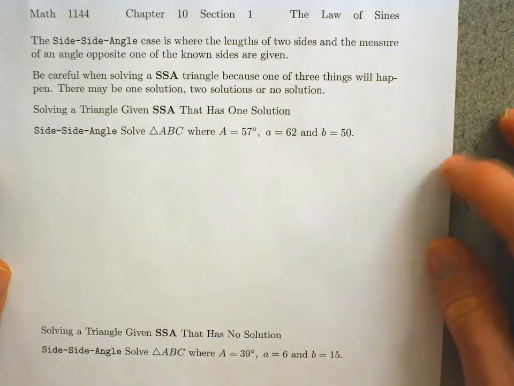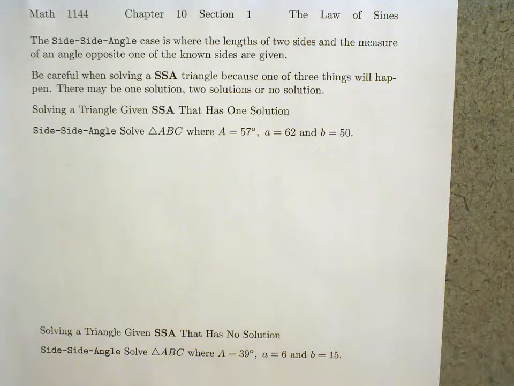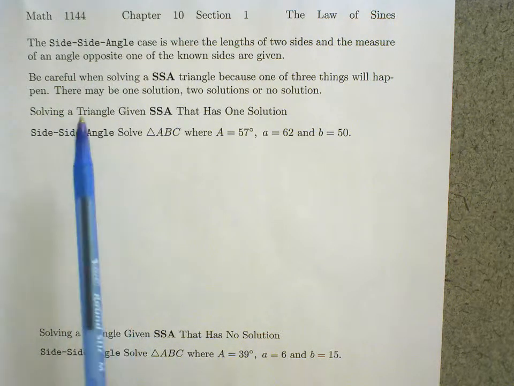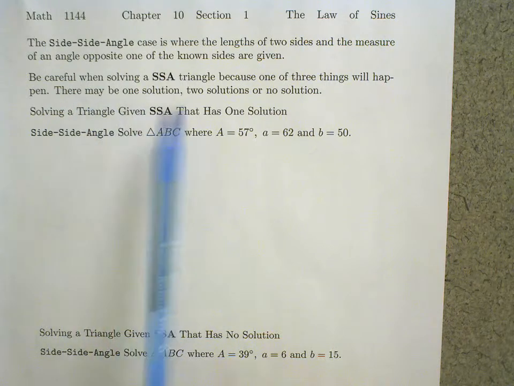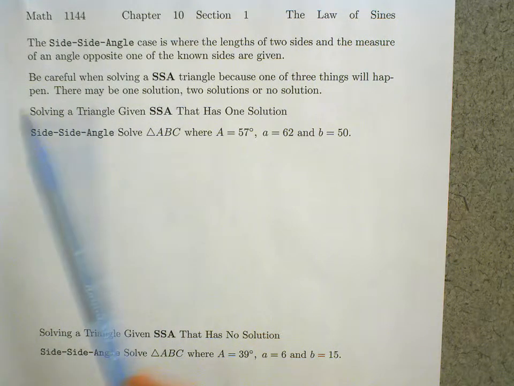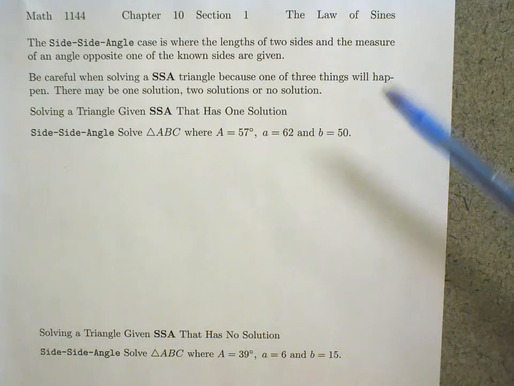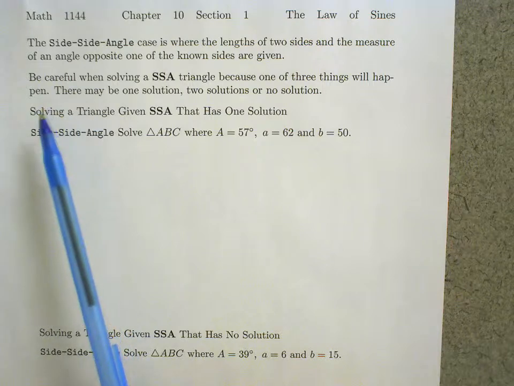The side-side angle case is where the lengths of two sides and the measure of an angle opposite one of the known sides are given. But the side-side angle triangle is a little more confusing, or I should say ambiguous, than the other versions.